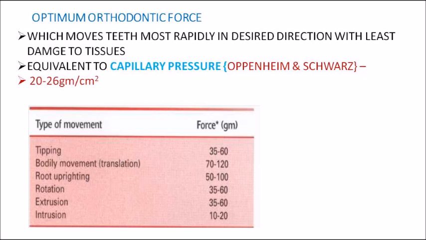It is actually equivalent to capillary pressure. According to Oppenheim and Schwarz, the optimum orthodontic force is equivalent to the capillary pressure, which is 20 to 26 grams per centimeter square.